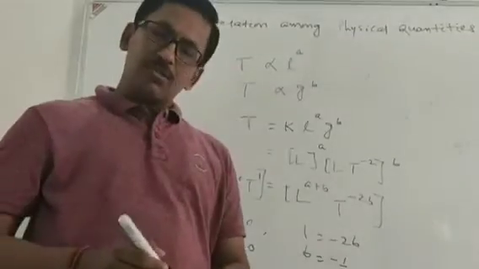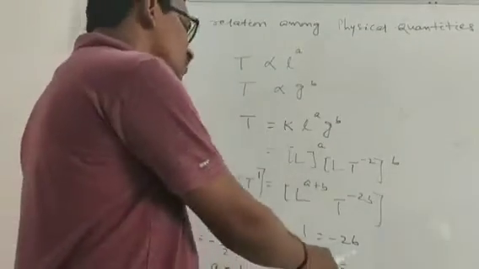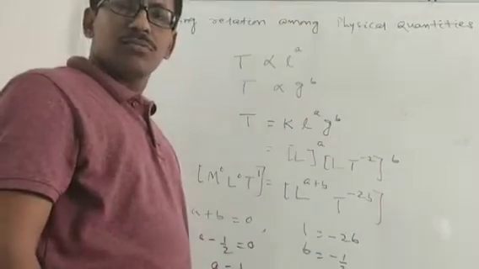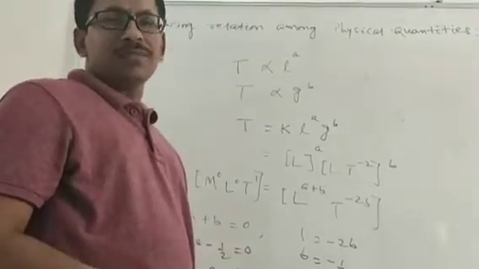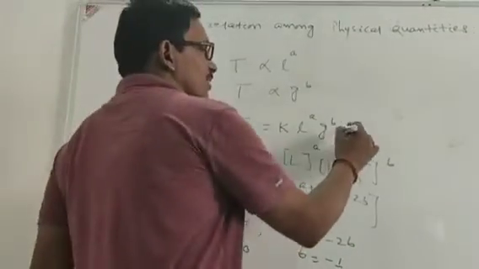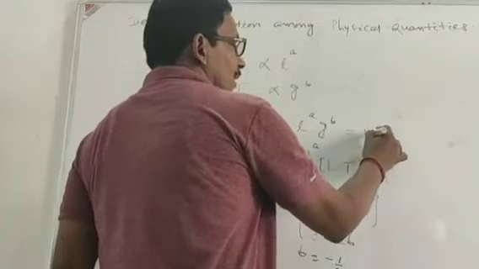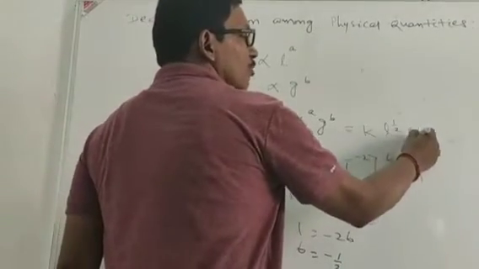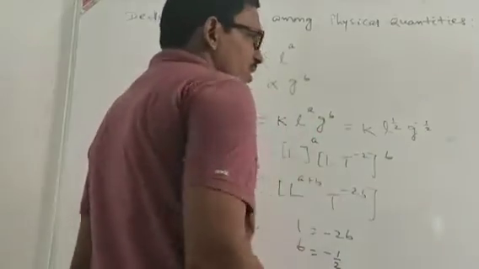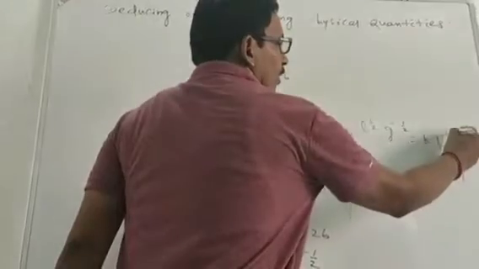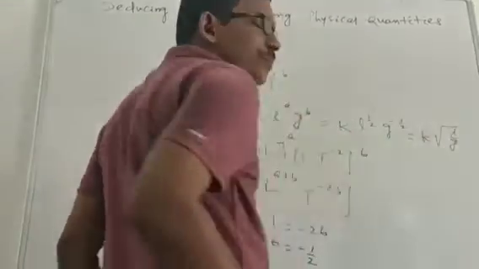So after simplification we have got the value of b as minus 1 by 2 and the value of a as plus 1 by 2. Putting the values of a and b, T is equal to k L to the power 1 by 2 g to the power minus 1 by 2, or I can write k root over L by g.